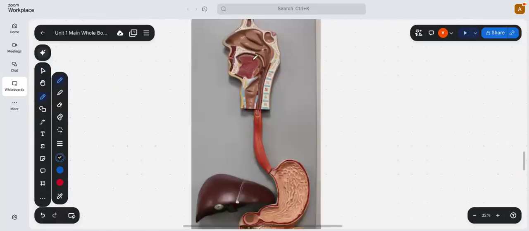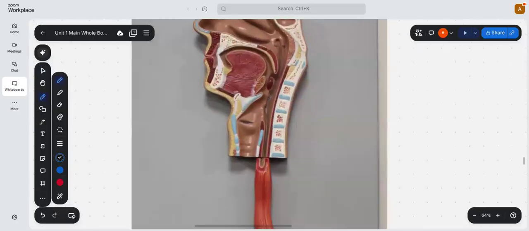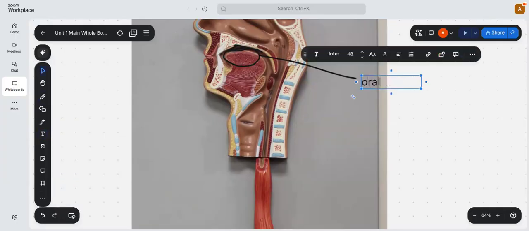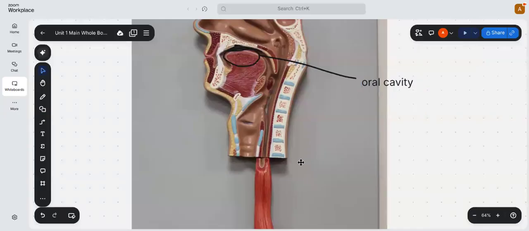If we were to zoom in over here, this whole portion where the mouth is and where your food would be, this little opening over here, this would be known as your oral cavity. Oral cavity.